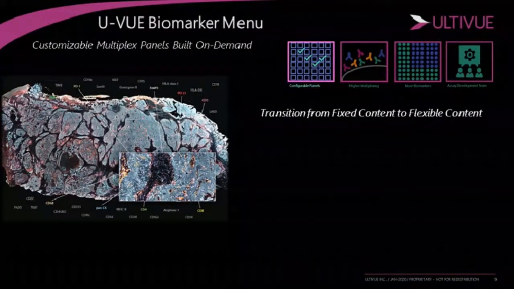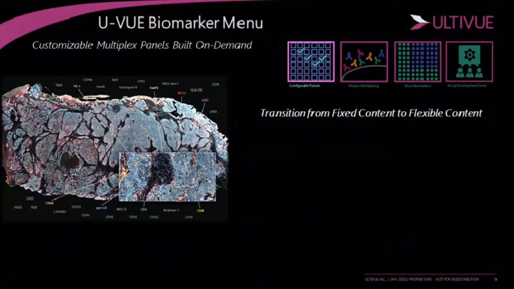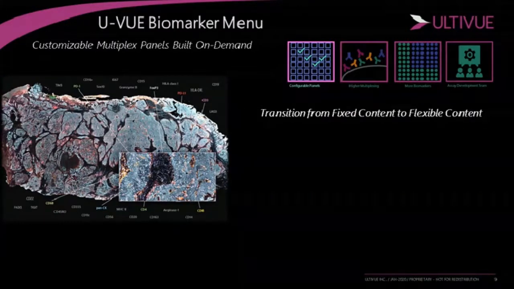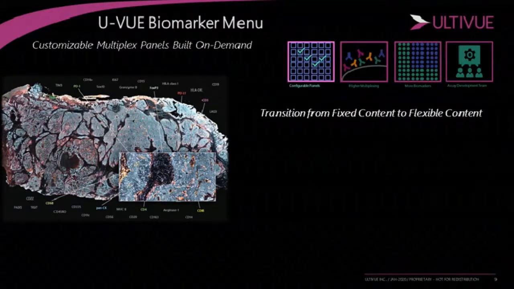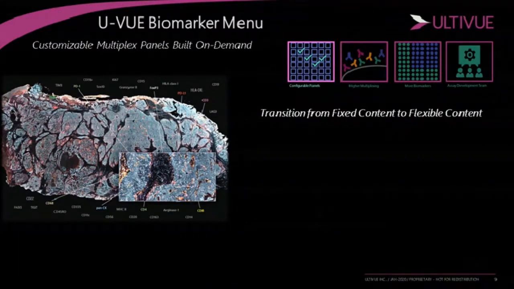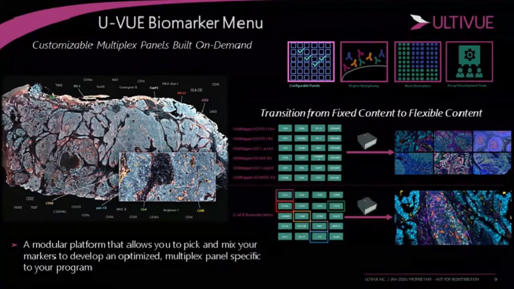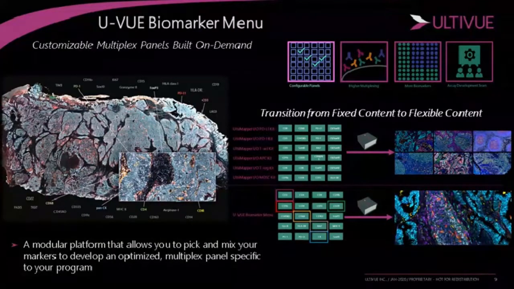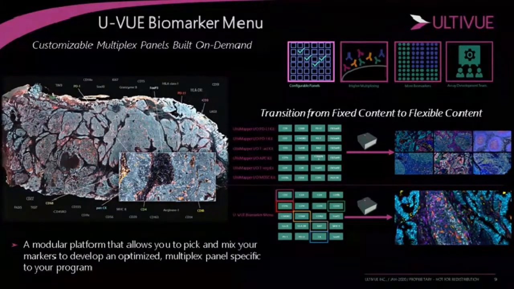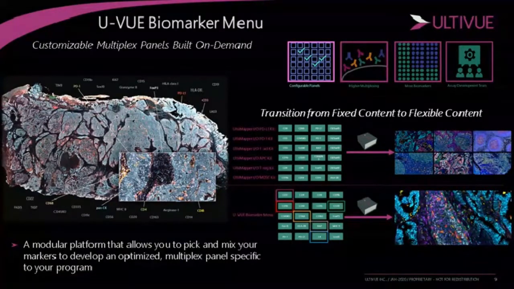This year we have transitioned from this fixed content to a flexible content with what we call the Ultivue biomarker menu. Now you can choose the markers of interest in your biomarker menu and customize your kit so that you have your specific biomarkers in one kit that is optimized, and then you can apply it to your tissue.